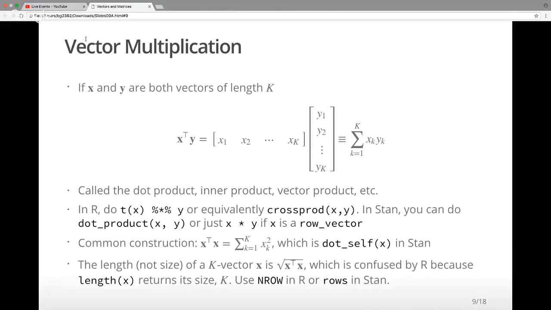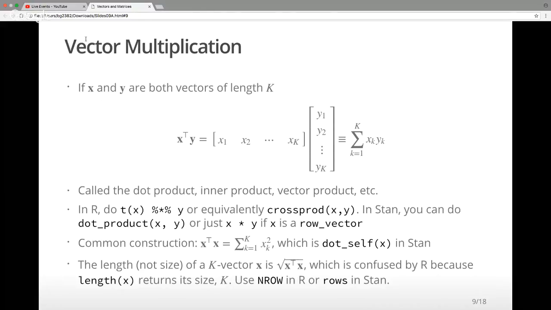Vector multiplication is so important that it has many names, such as dot product, inner product, vector product. Usually if somebody just says product, they're talking about the vector product, and if they really mean element-wise product, they'll say element-wise product.